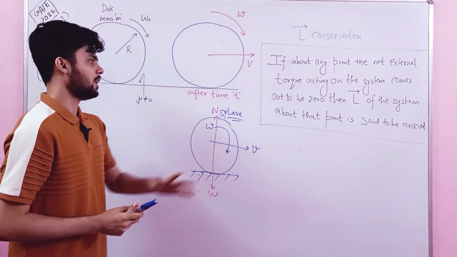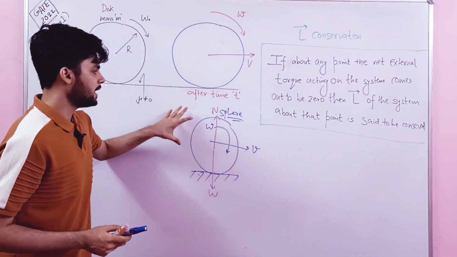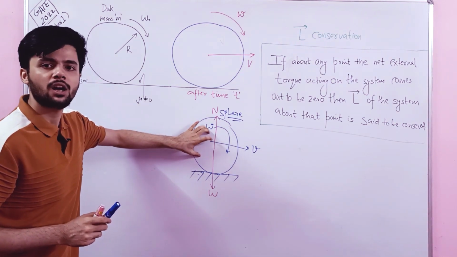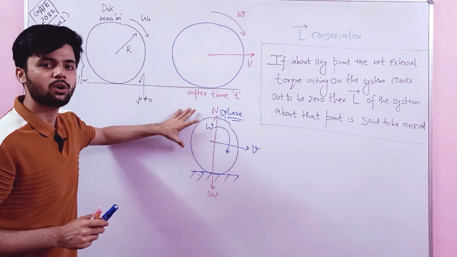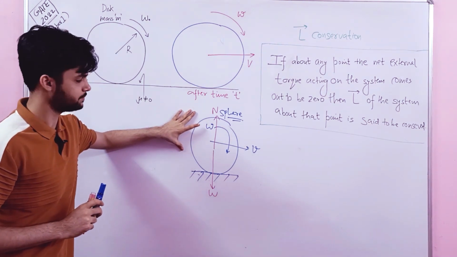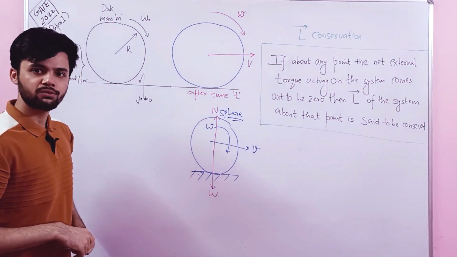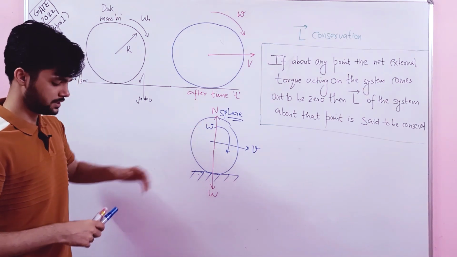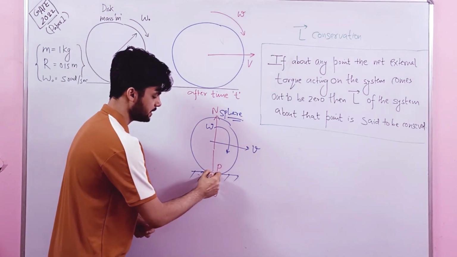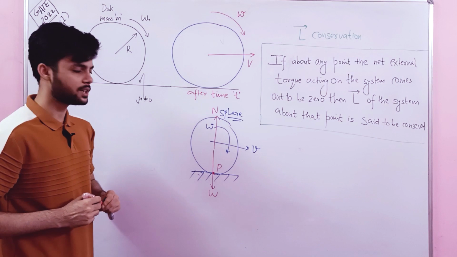So according to this statement, can you find any point on this sphere about which the torques of all the forces acting on this body are 0? If I try to find such a point on this sphere, I can easily see that the bottommost point is the point I was looking for.